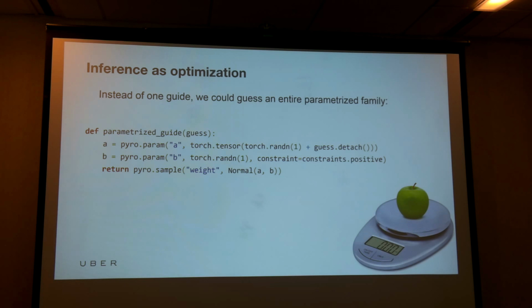We do that with this second Pyro primitive piece of syntax, pyro.param, which takes a name and then a value, which is the parameter value, the value that indexes along your family of possible guide programs.